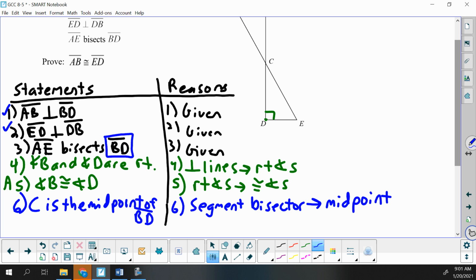The only time it's both of them is if they say they bisect each other, which this did not say. Well, automatically next, we should know to do midpoint implies two congruent segments.